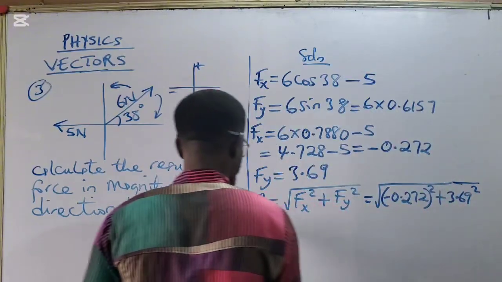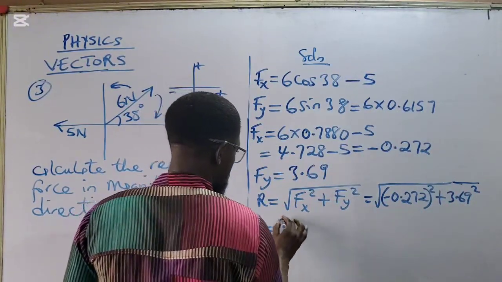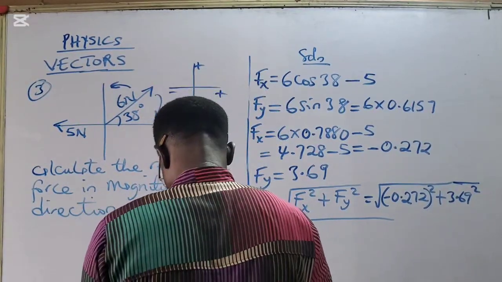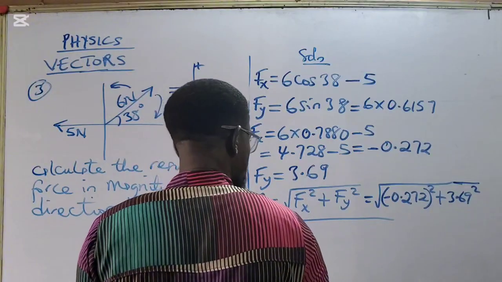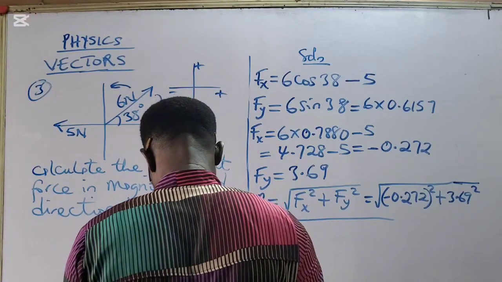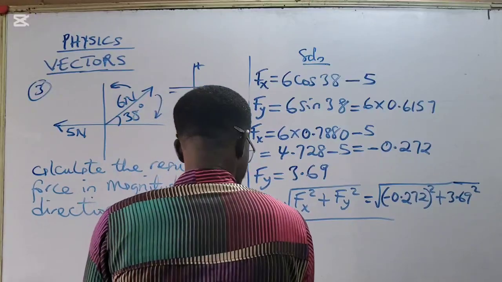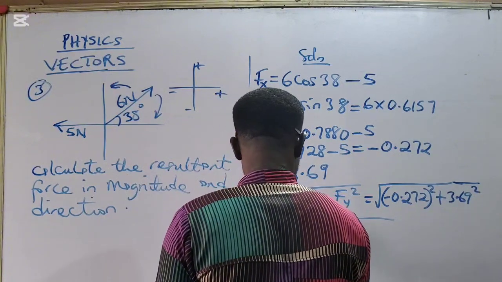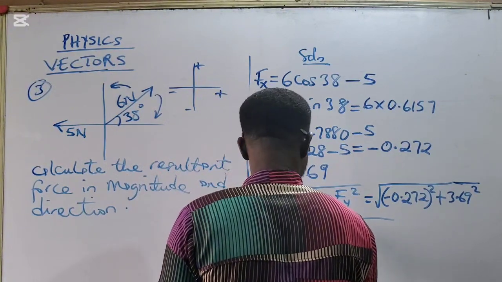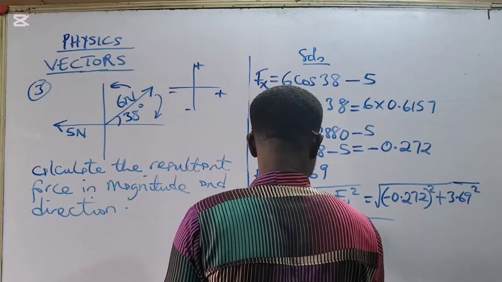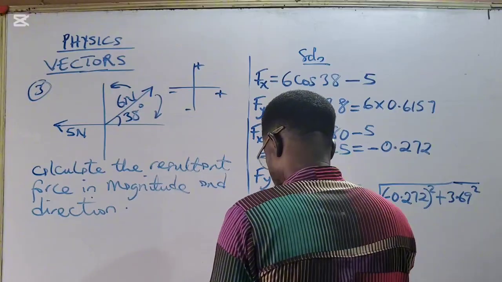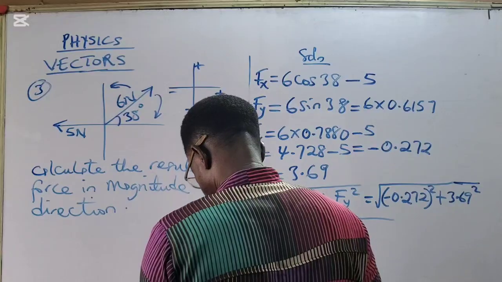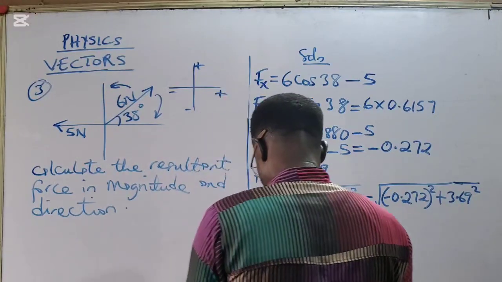Now Fy is 3.69, so I'll get a resultant equal to the square root of 0.272 squared, that will be 0.074, plus 3.69 squared, to have 13.62.